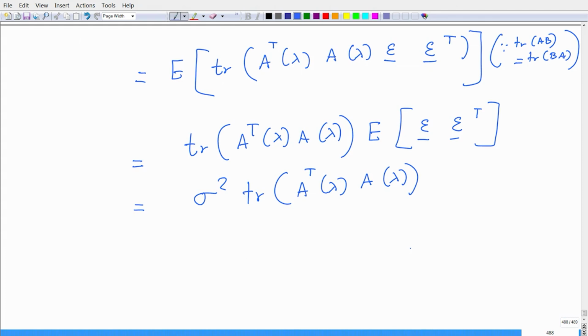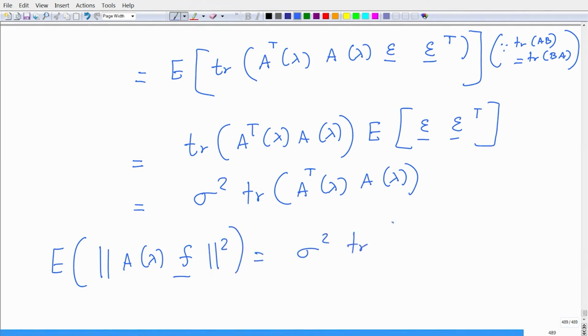Now, I can say that expected value of norm A lambda times epsilon, this quantity square, the norm square is basically sigma square trace of A lambda transposed times A lambda.